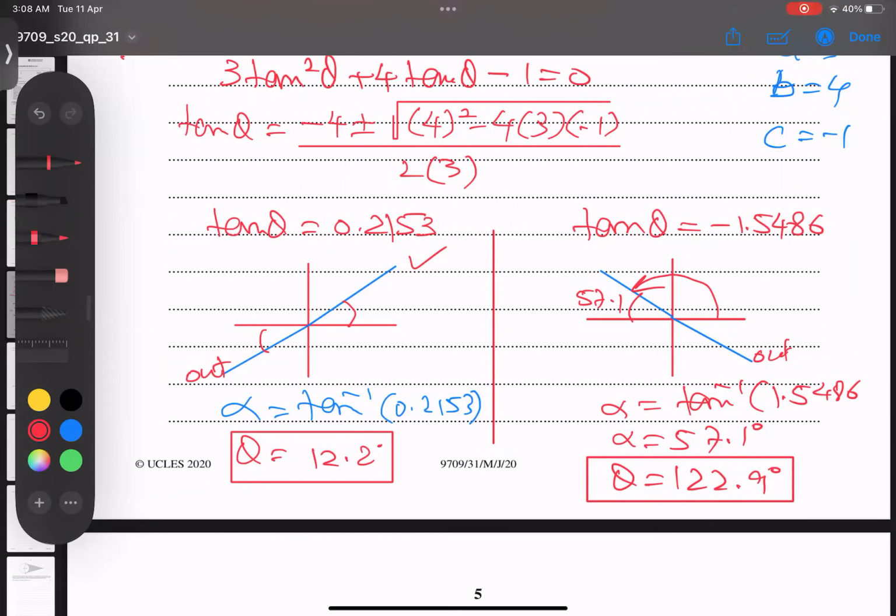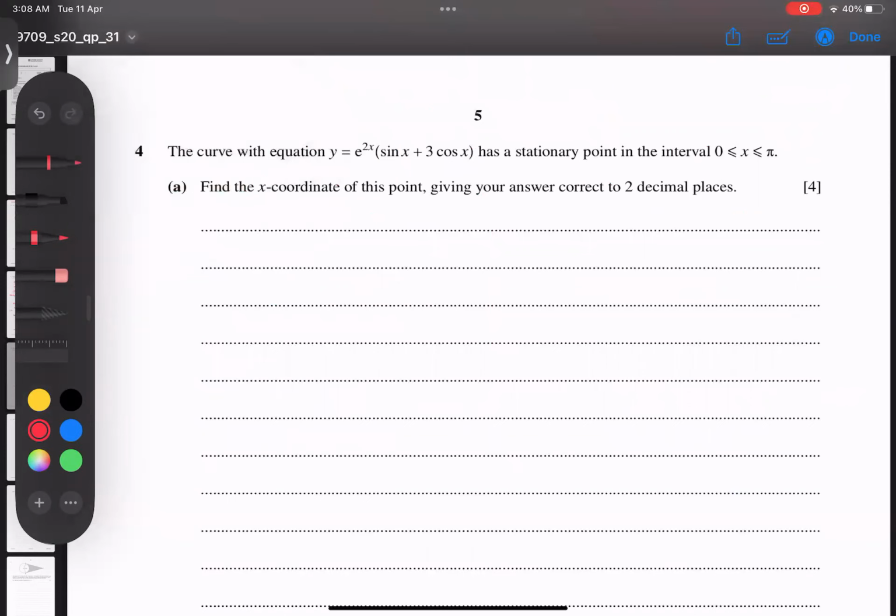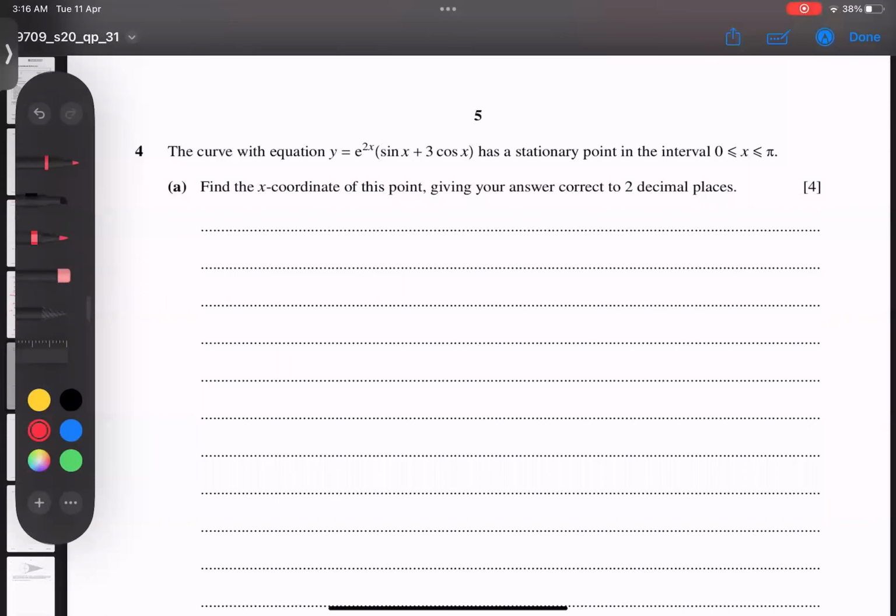Question number 4, he's saying here, we have the equation y is equal to e to power 2x times sine x plus 3 cos x. And you know what the rule of differentiation is, students? All of you know it. Whenever we differentiate two things, u and v, so u copy v derivative and v copy u derivative.